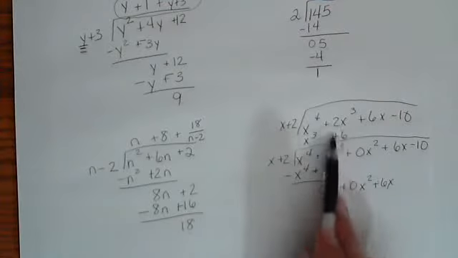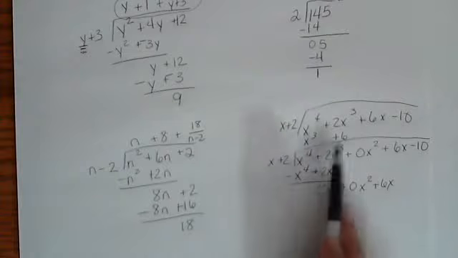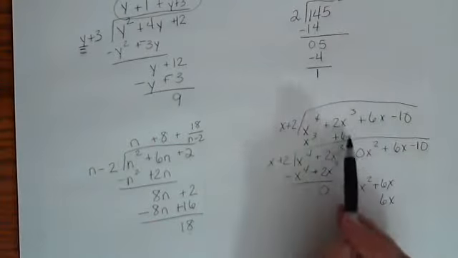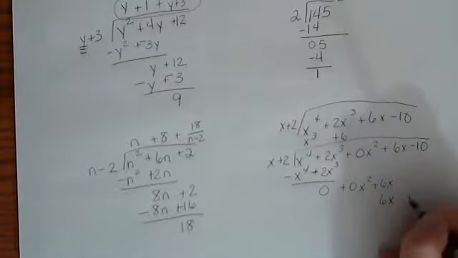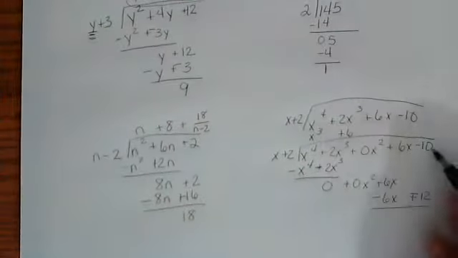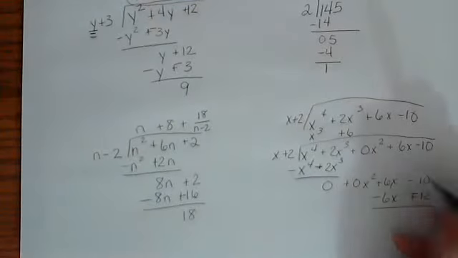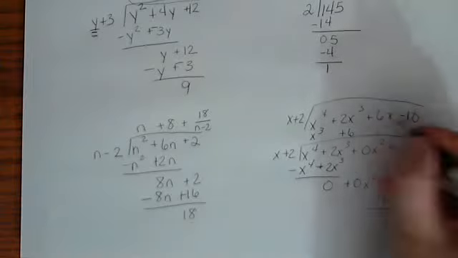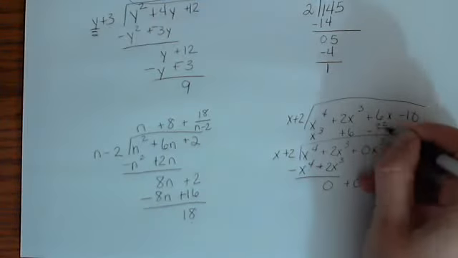Then again, we multiply this by everything here, 6 times x, and then 6 times 2 is a plus 12. Subtract those off. I didn't bring down this negative 10 to make it easy, and that's going to be a negative 22. So it becomes negative 22 over x plus 2.